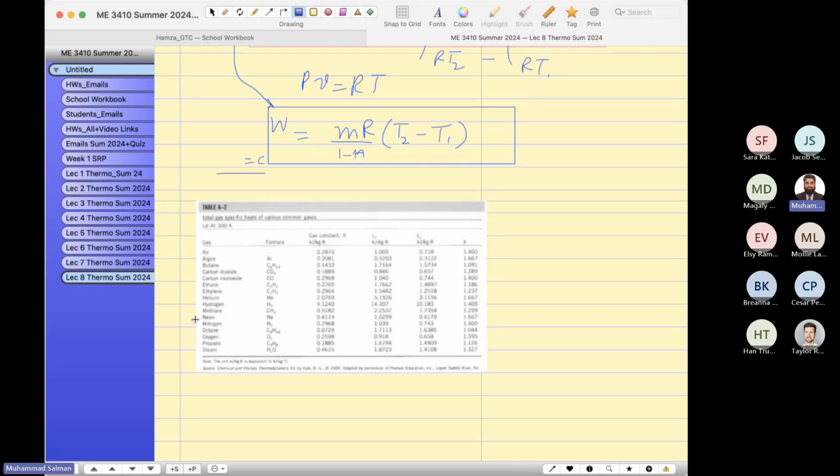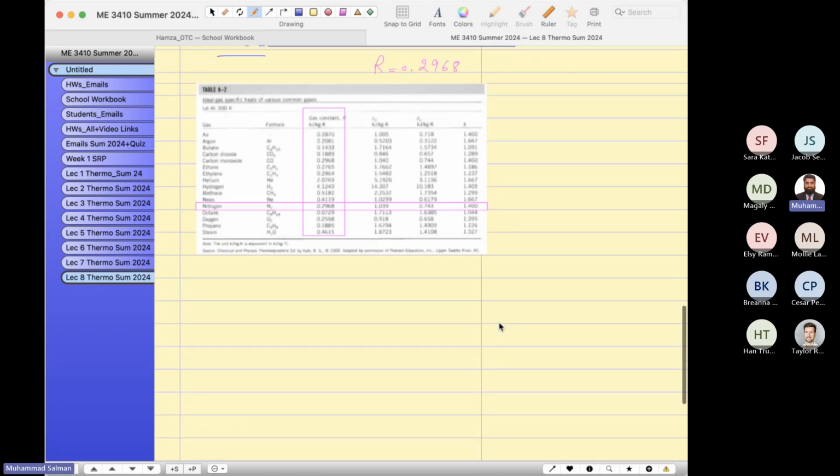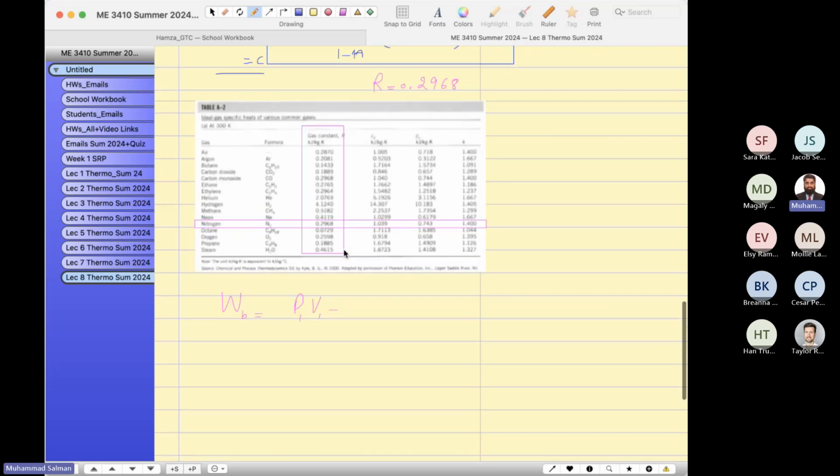For nitrogen, the R value is 0.2968. And I'm going to use this formula, boundary work, P2V2.